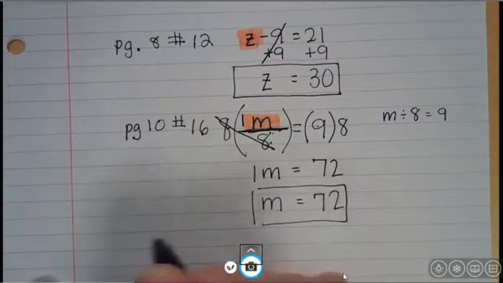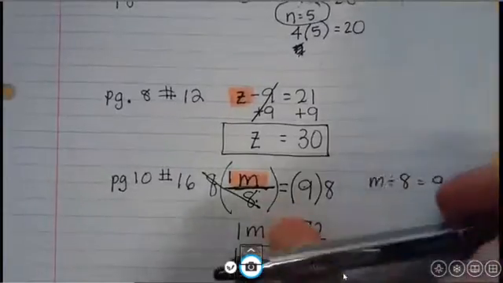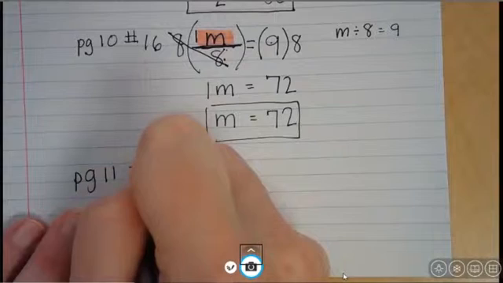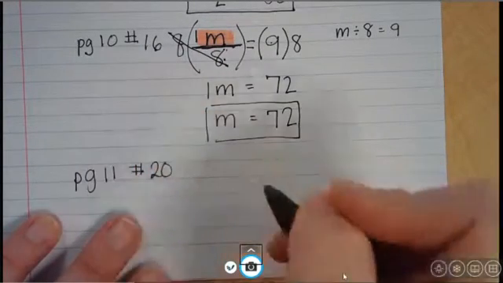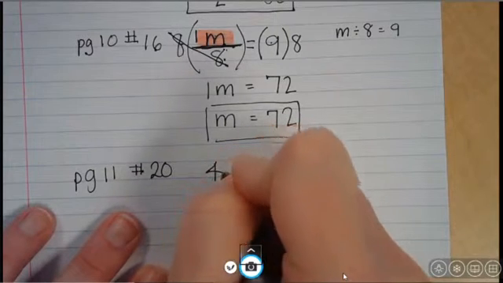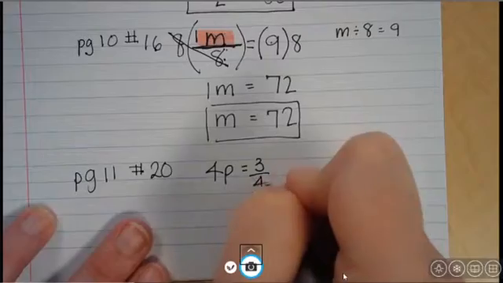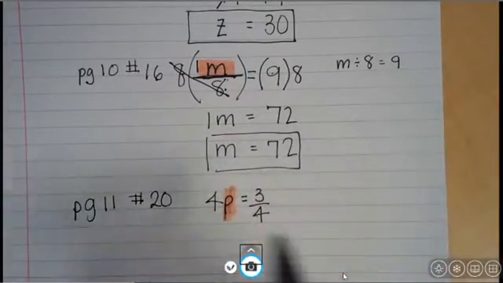Okay, and then addition and subtraction equations involving fractions is on the next page, page 11. Okay, so let's look at number 20. So it says 4p equals 3/4. And remember, your goal is to isolate the variable.